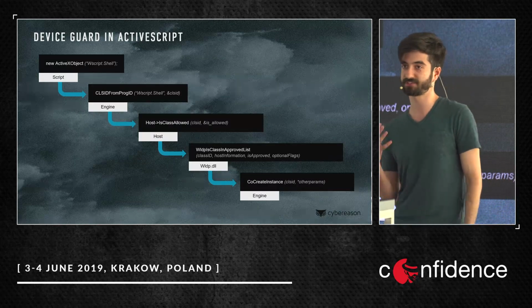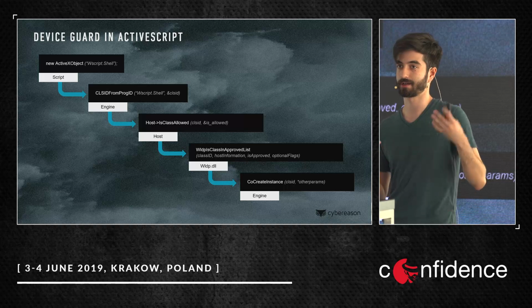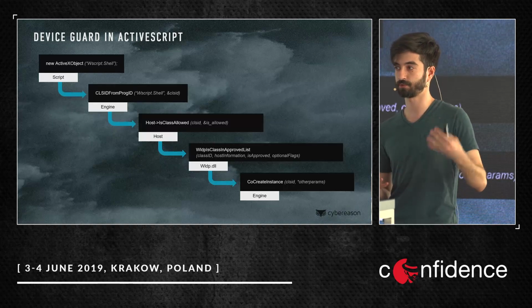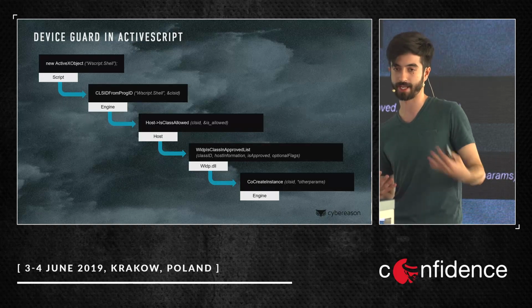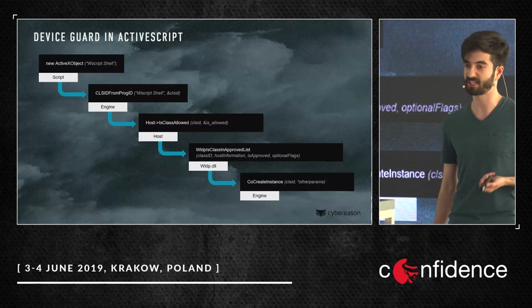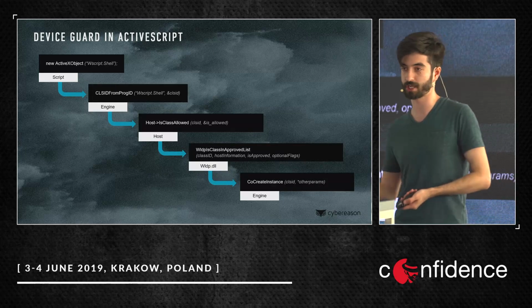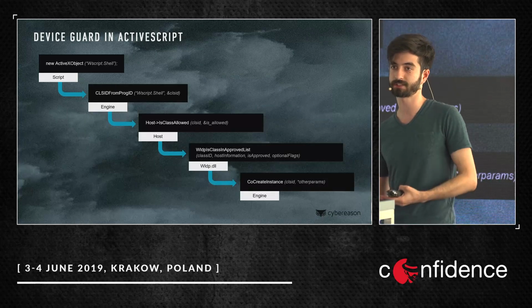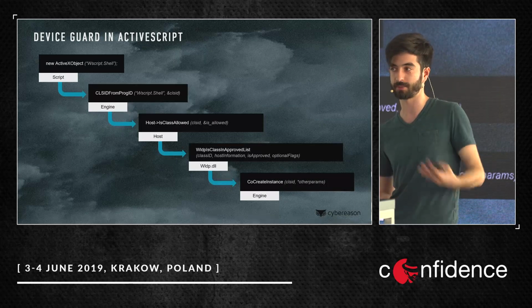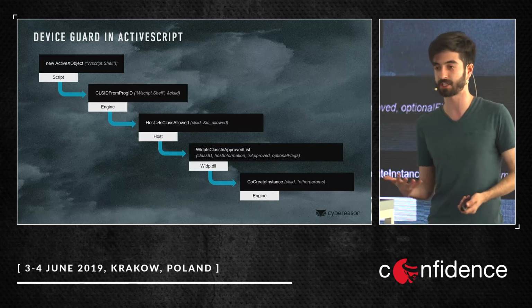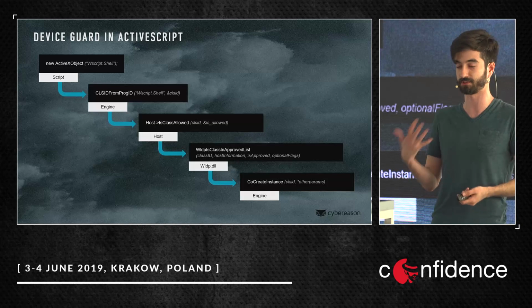So as I've said before, Device Guard in ActiveScript tries to filter the COM objects you can create. So let's say I want to create a new object, WScript.Shell, and I'm running in the context of a non-signed script, meaning that Device Guard will try to stop me from creating really evil stuff.